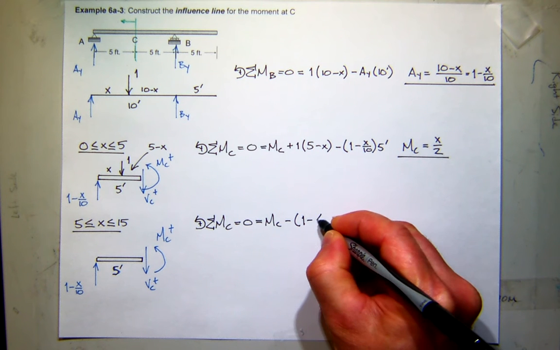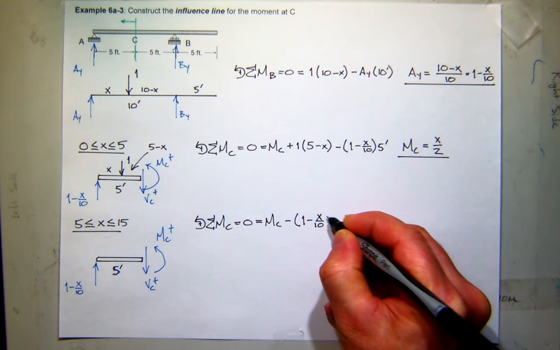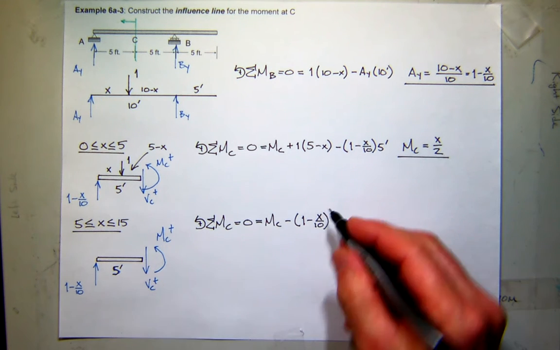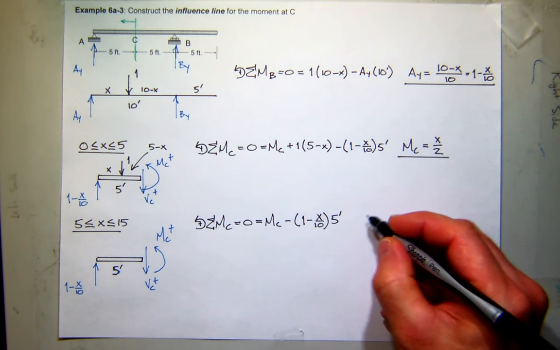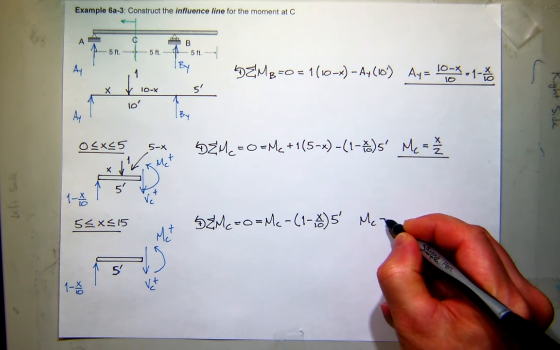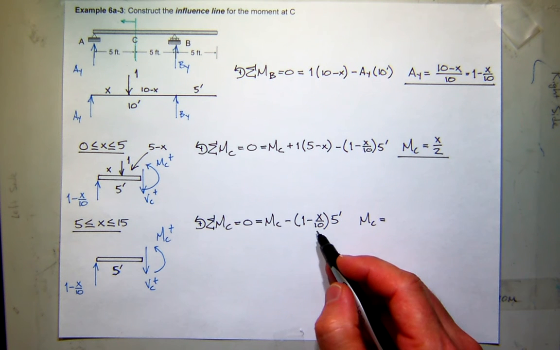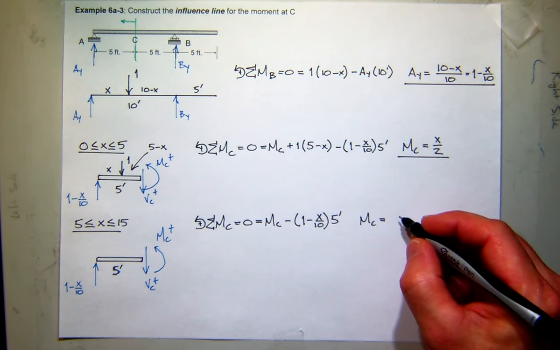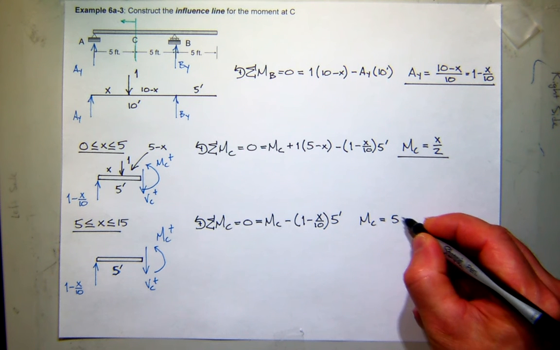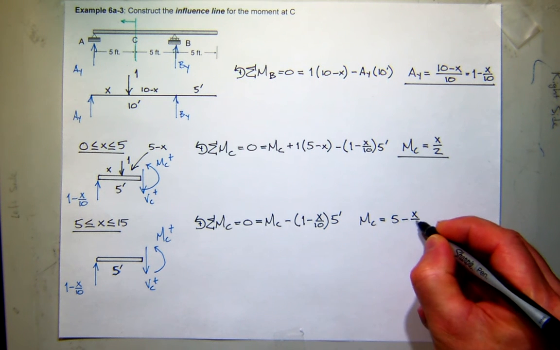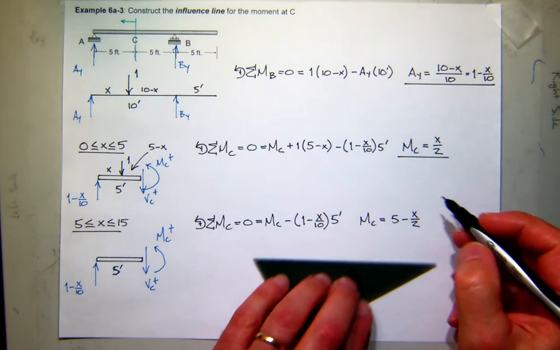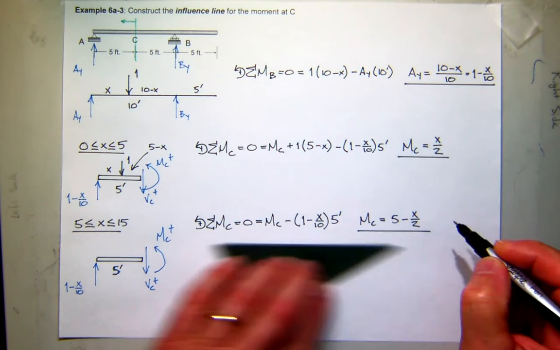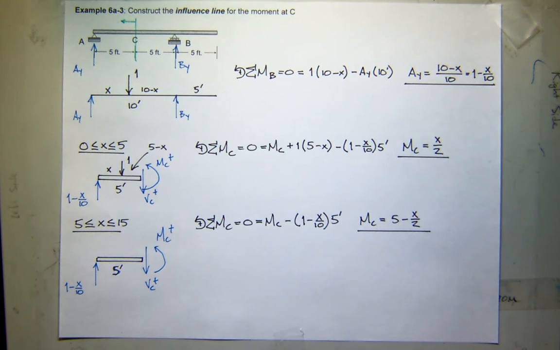It's 1 minus x over 10 and has a moment arm of 5. So the moment at C is just this thing. It looks like it's going to be 5 minus x over 2. Did I do that right?